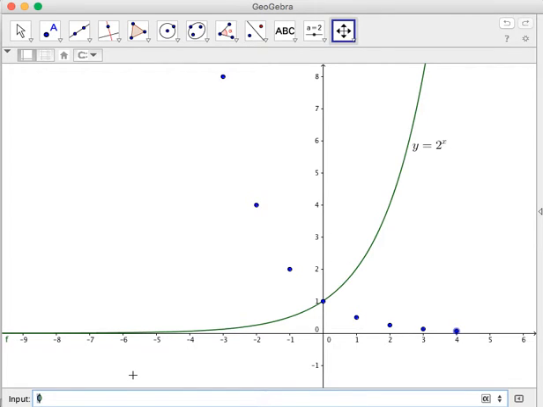So, pwede natin i-type sa g of x, for example, or maybe we should say, p of x is equal to 1/2 raised to x. Okay, so yan yung ating graph.